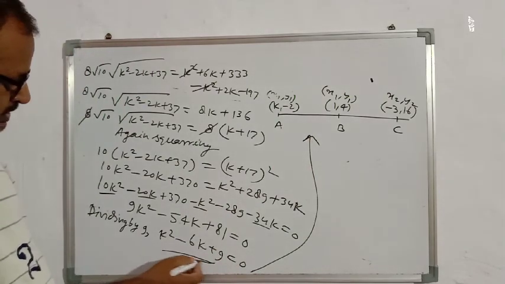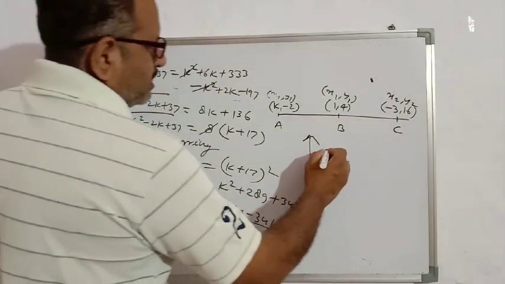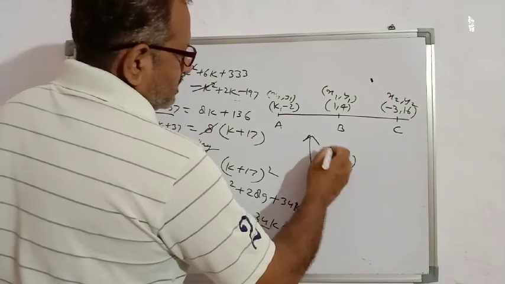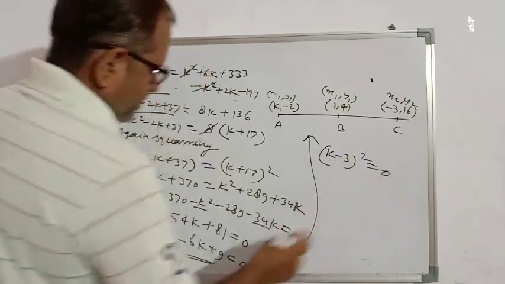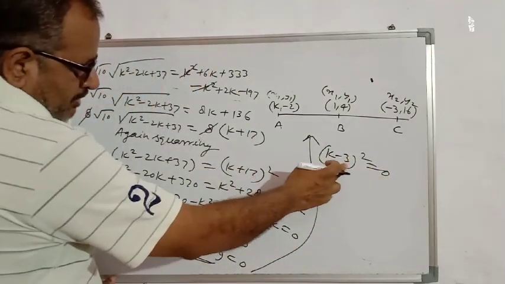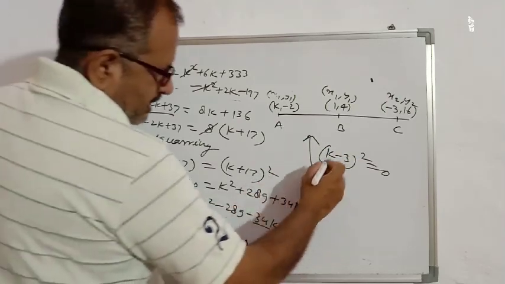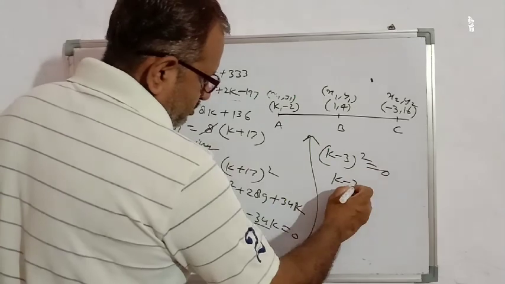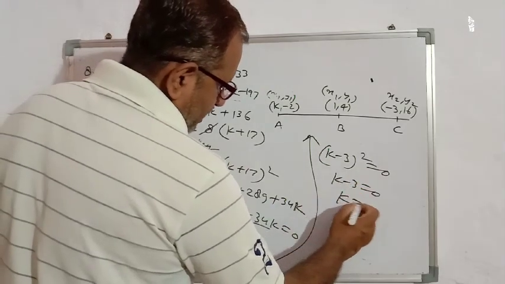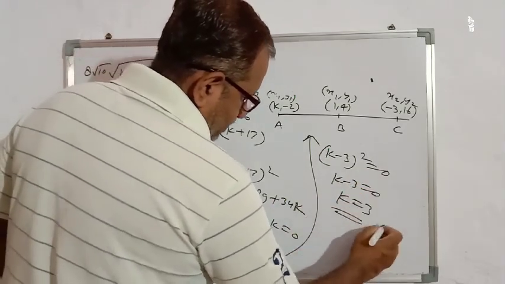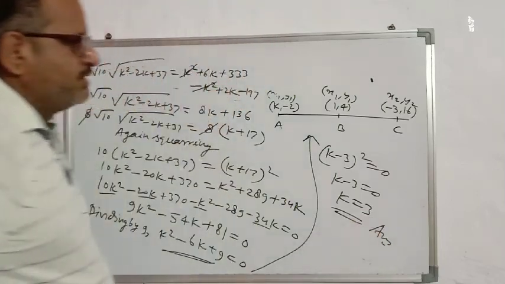It is the perfect square of k minus 3. A minus b whole square: k square plus 9 minus 6k. So k minus 3 whole square is 0, k minus 3 will be 0 and k will be 3. So the value of k is 3.